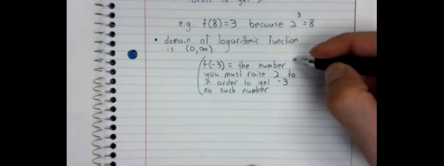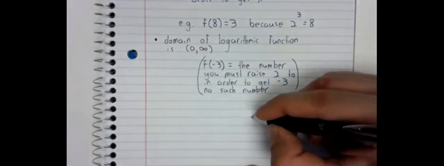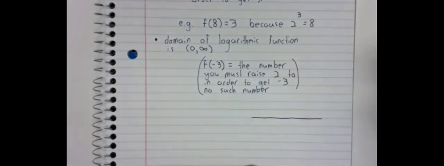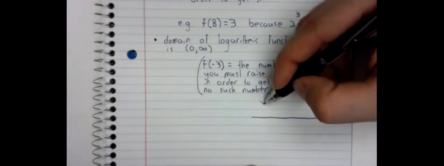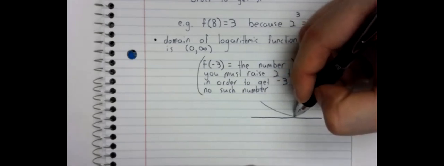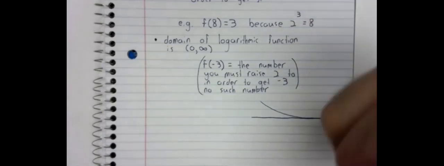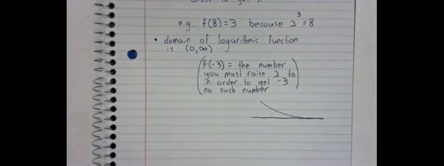Well, you might recall when we discussed exponential functions, we discussed horizontal asymptotes. The idea that we have a horizontal line and the exponential function kind of merges into that horizontal line.